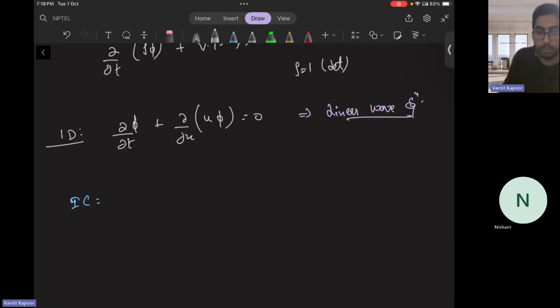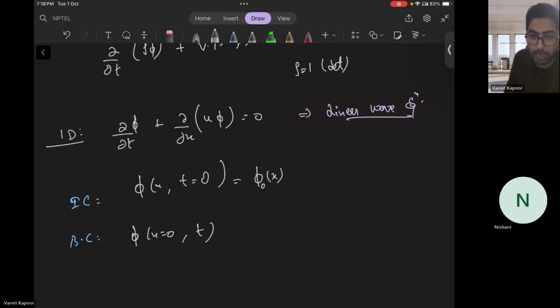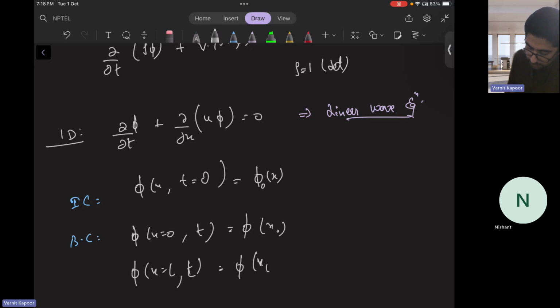The initial condition is φ at t equal to 0 will be φ₀ of x. Boundary conditions: φ at x equal to 0 at time t is given as φ of x₀, and φ at x equal to L at time t will be φ of xL, if the domain is of length L.